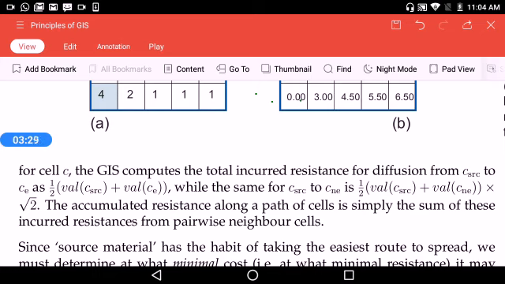Now this is about going from one cell to the other. In the same way the diffusion will follow certain paths based on the minimum resistance that is provided until it reaches the destination cell. So the total resistance which the diffusion encounters along a path is the sum of the resistances which it incurs during its course of travel through the different cells.